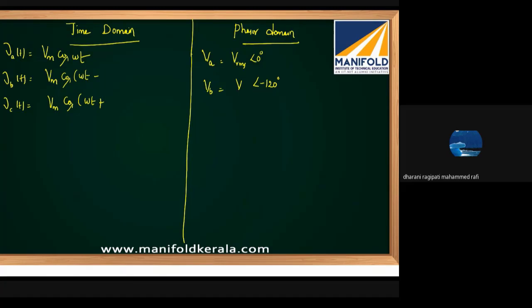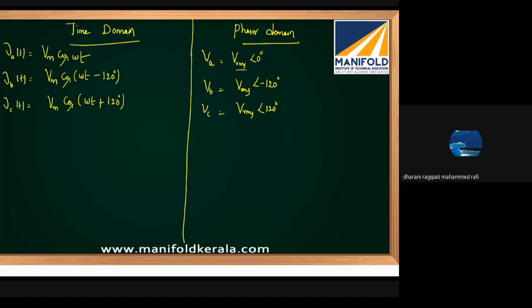Yeah, this is minus 120 degrees. This is plus 120 degrees. So VC will become VRMS at 120 degrees.